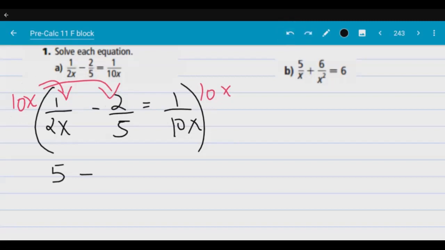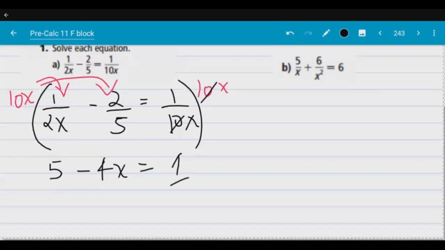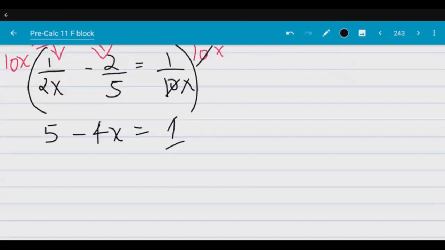That's minus 4x equals, these two cancel out. So be very careful about the algebra. Once again, it is really very simple, but if you're not careful, you will mess it up.